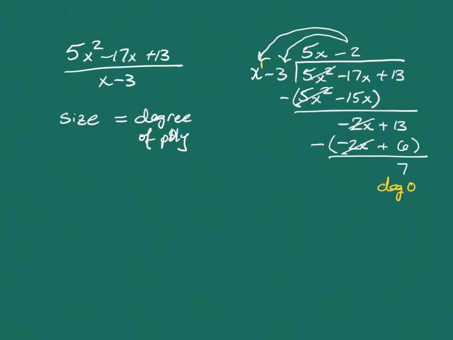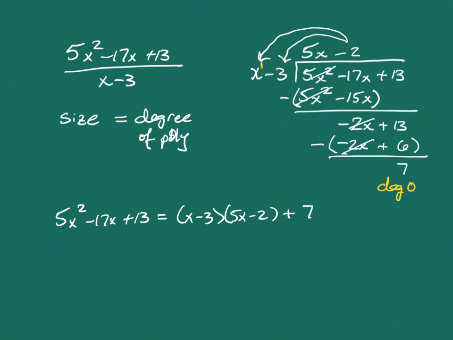So this really means that I could take 5x squared minus 17x plus 13 and write it as (x minus 3) times (5x minus 2) plus 7.